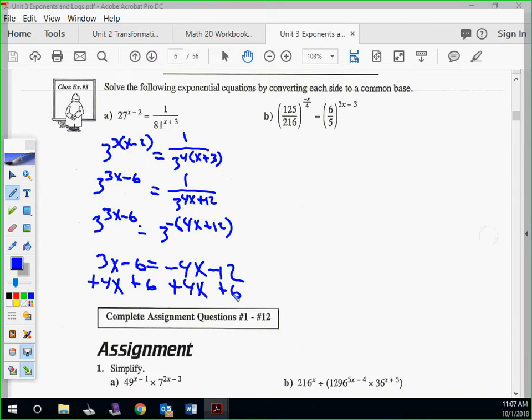So we get 7x equals negative 6. I'll move here in a second, sorry. X is negative 6 over 7. All right.